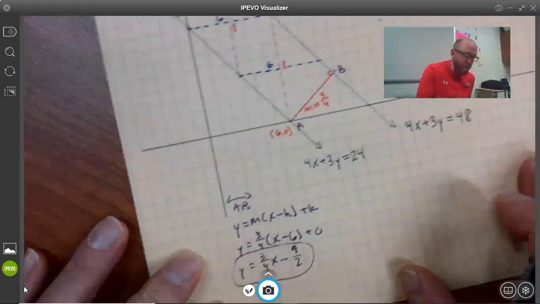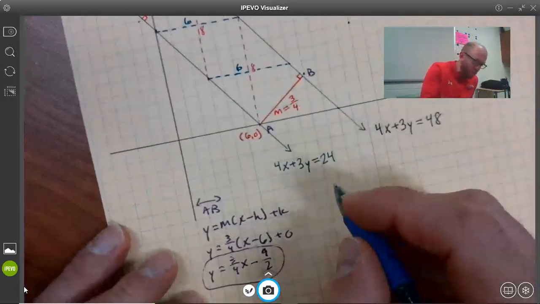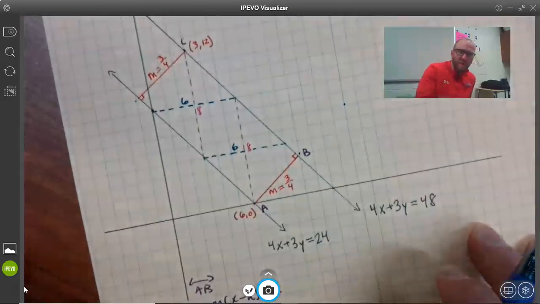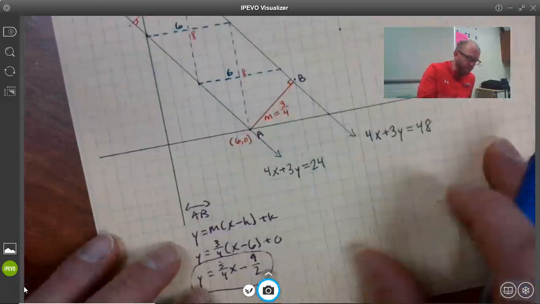Now we have to find their point of intersection. Let's call this point C up here, so I can call this line CB.